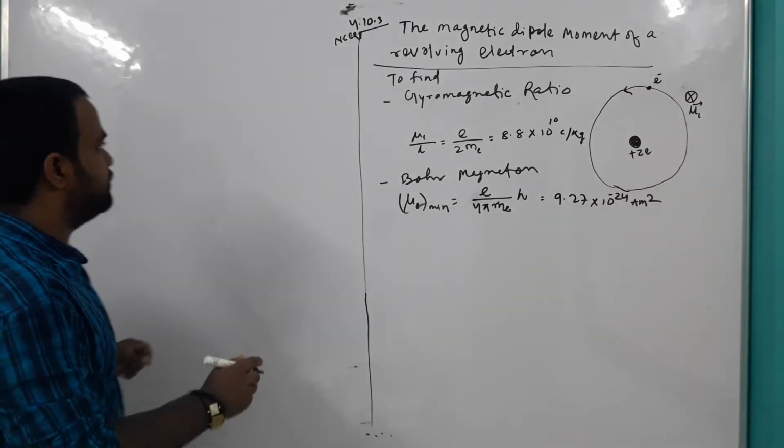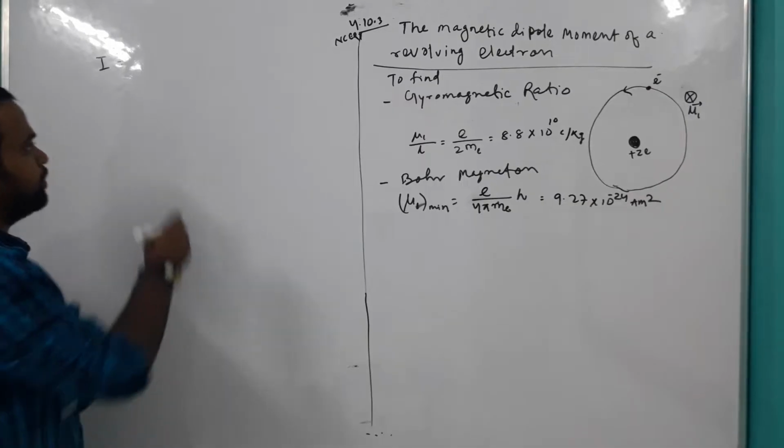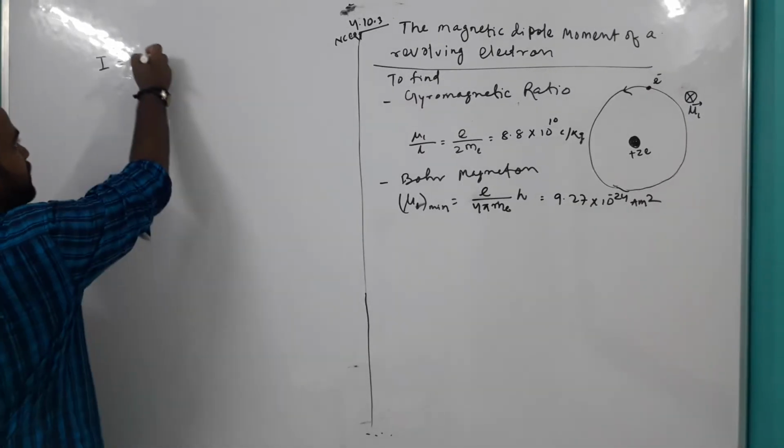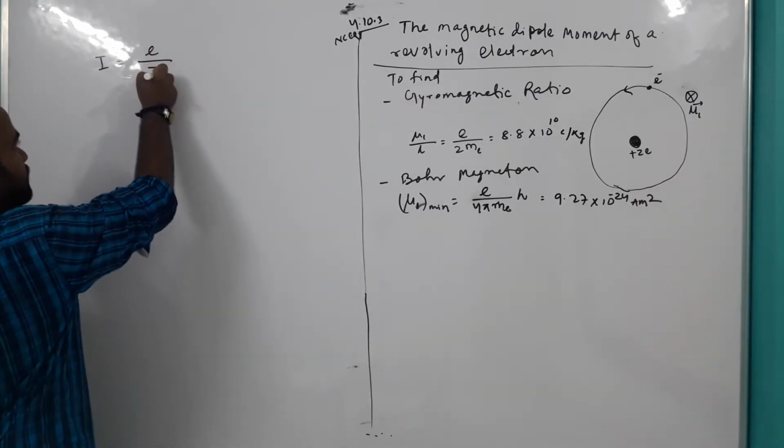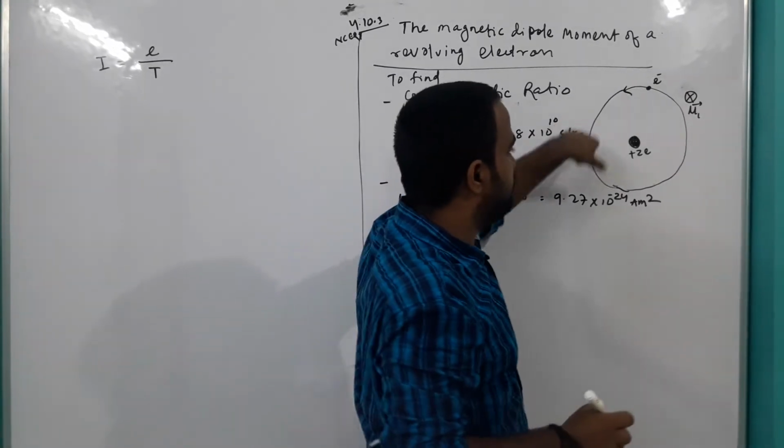So we'll write that current is charge upon time. Charge here is the electron charge e, so I can write e upon T. Here T is the time period, meaning the time to complete one rotation.